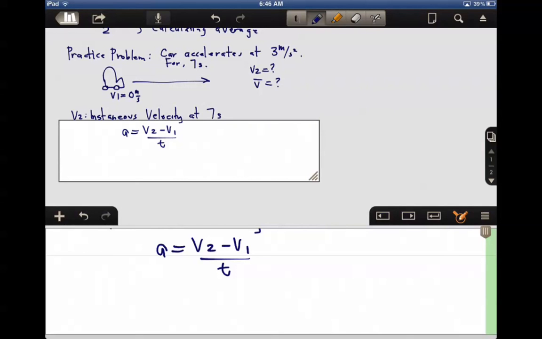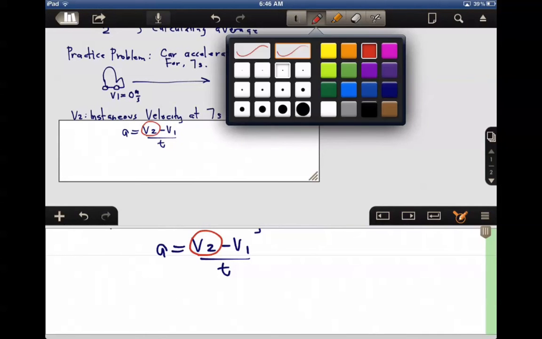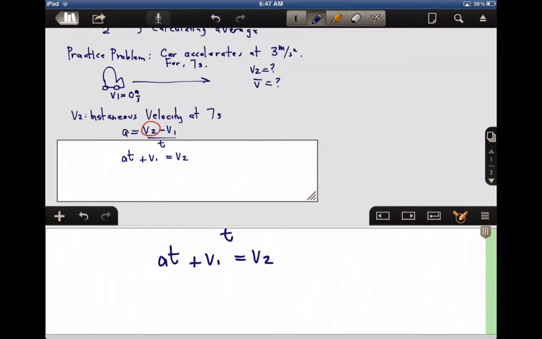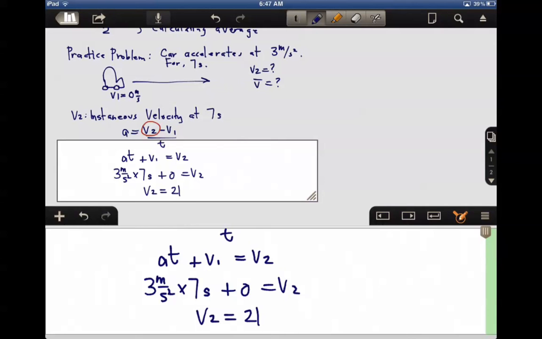I did this in the last video if you need a refresher. I'm essentially going to isolate v2 by multiplying through by time and adding v1. So I end up with a t plus v1 equals v2. In this case, we have 3 meters per second squared times 7 seconds, and my initial velocity was 0. So my final velocity, v2, would be 21 meters per second.